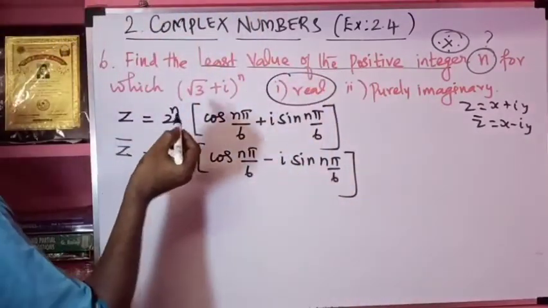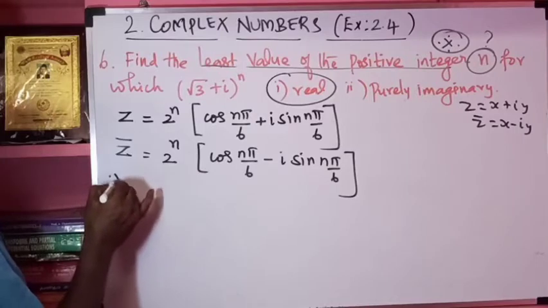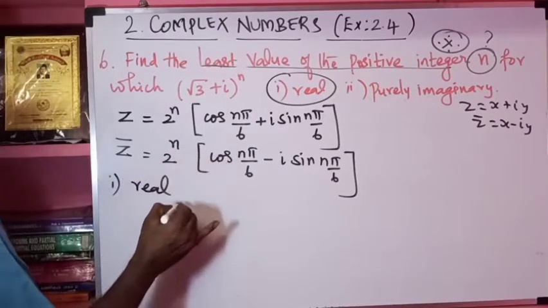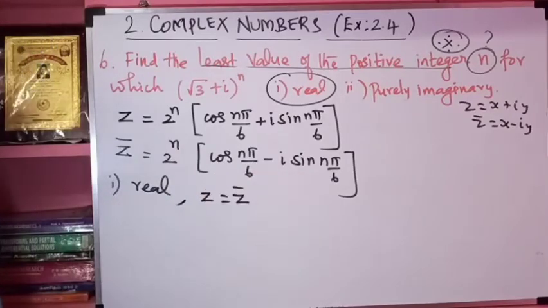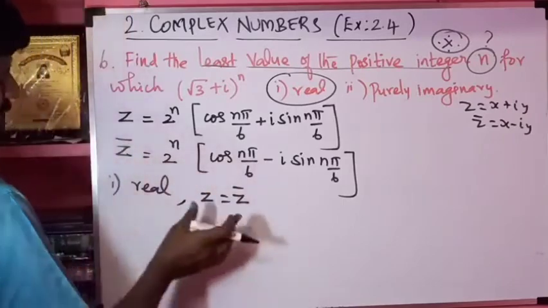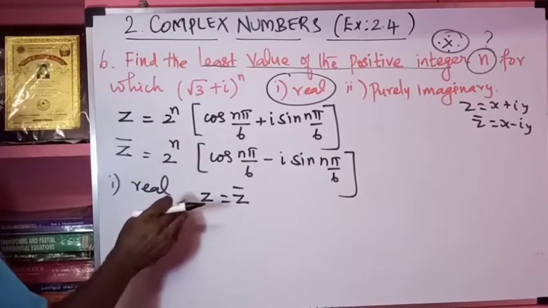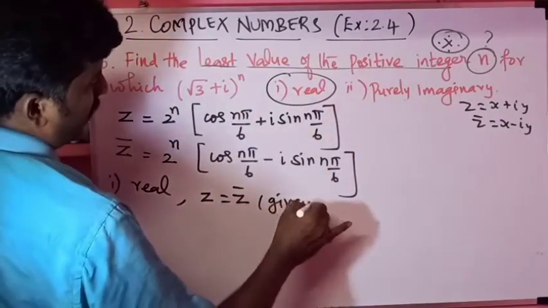The real. What is given in the first point is that z is real. Real means z is equal to z bar. We have studied this in the previous sum too. z is real means z equals z bar. This is given in the first point.